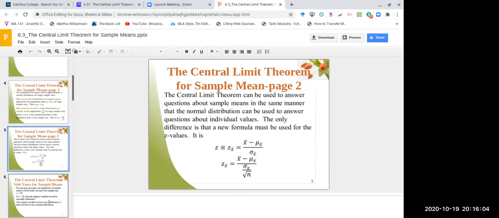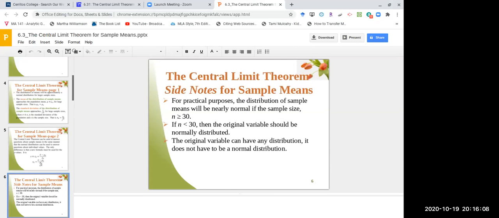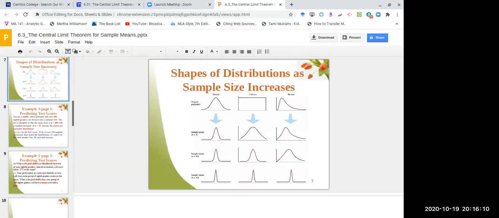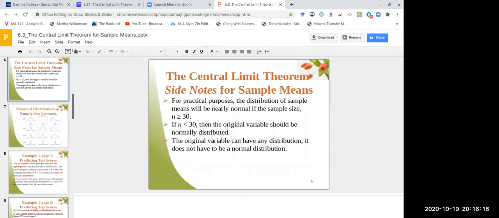The thing about sigma of x bar is that we have to then divide by the square root of n, and there are things to pay attention to, because you have to have a minimum sample size calculation in order for this to work, or it won't assume a normal distribution, it won't assume the shape.